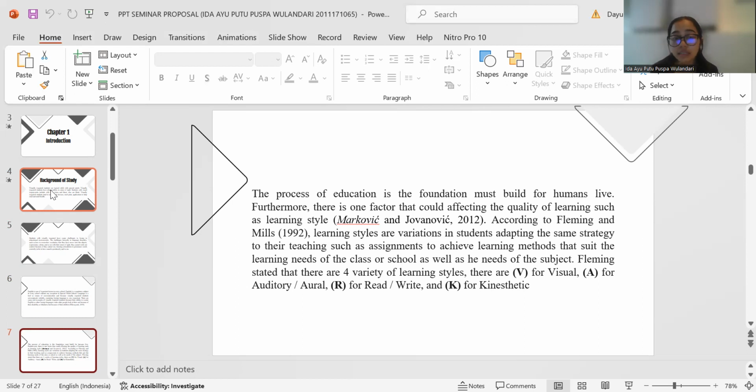And Fleming stated that there are four kinds of learning style: V for visual, A for auditory, R for read or write, and K for kinesthetic.